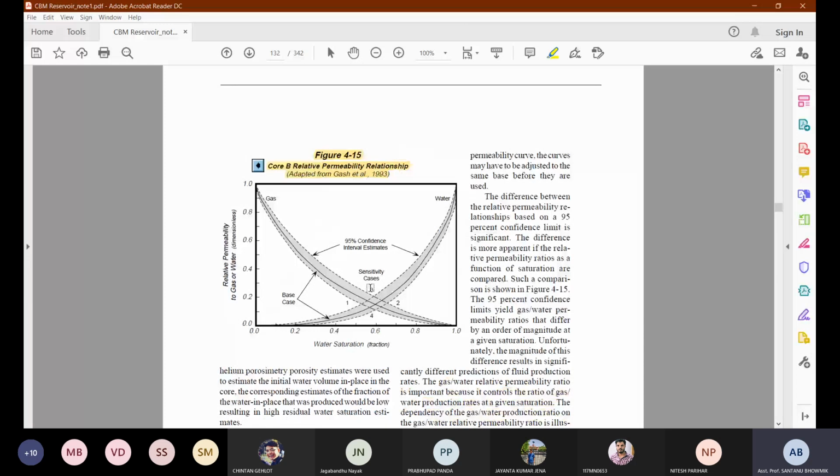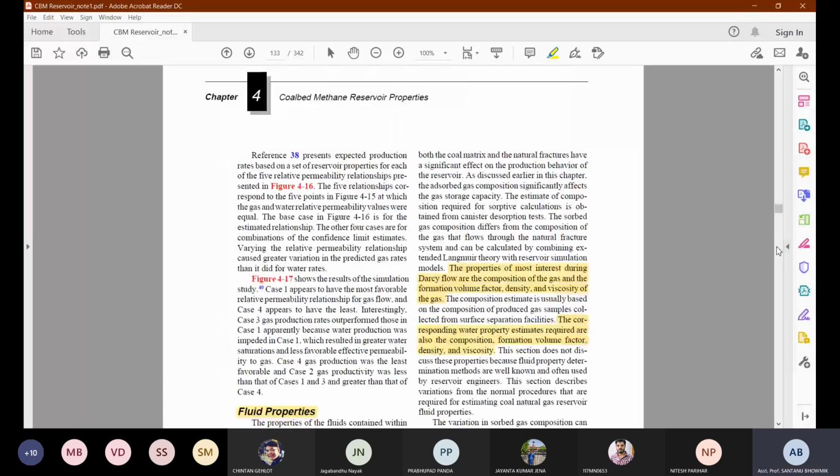It is crossing the saturation graph at the higher relative permeability, whereas the fourth is crossing the graph at lower relative permeability. So now you can understand why relative permeability is so influential for the gas production.